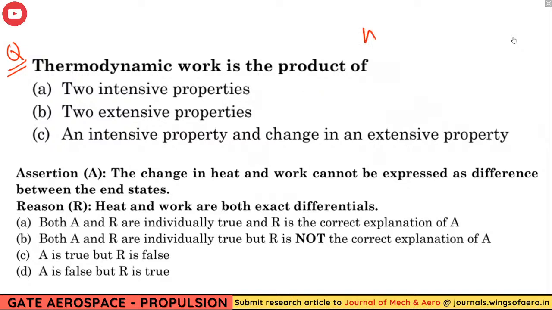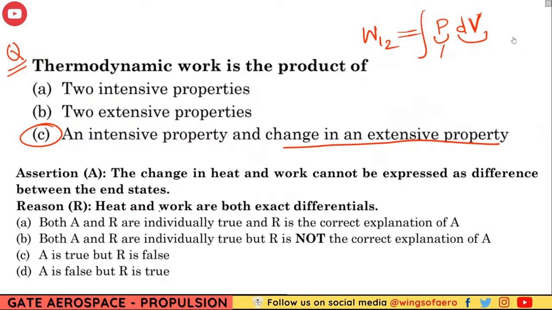Do you remember, we wrote one formula like this: integral of P dV. P was an intensive property, and V means volume. Volume is an extensive property. dV means change in volume, which becomes an extensive property.